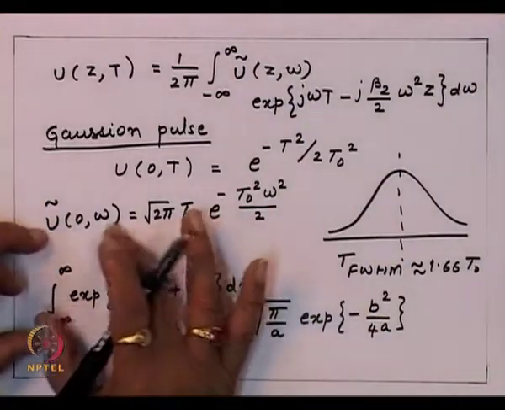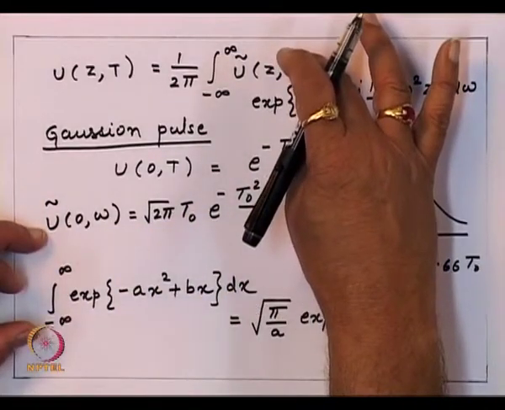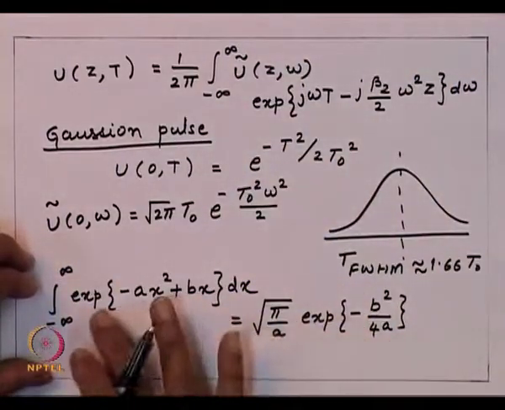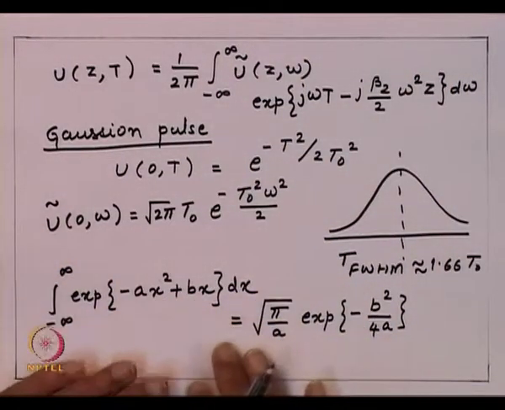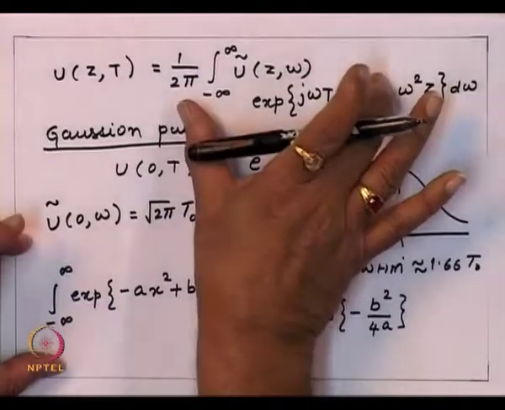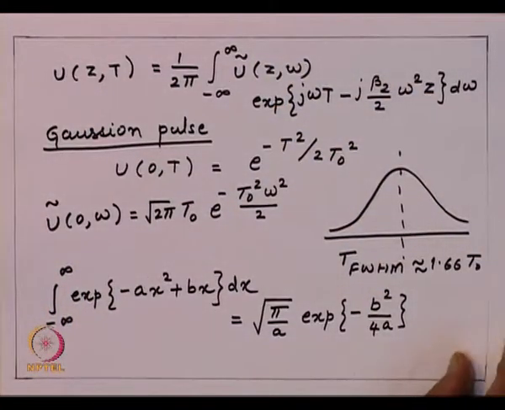So, once I get this pulse shape here, I substitute into this, identify what is the a and b, and then I can use the standard identity to find out what the Fourier transform of this would be.